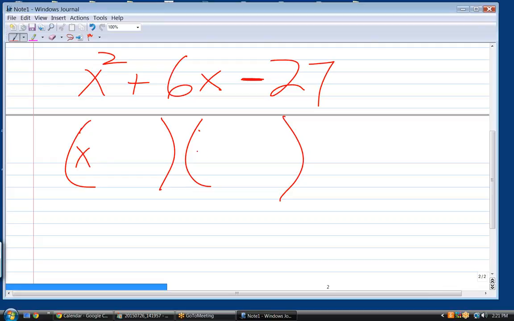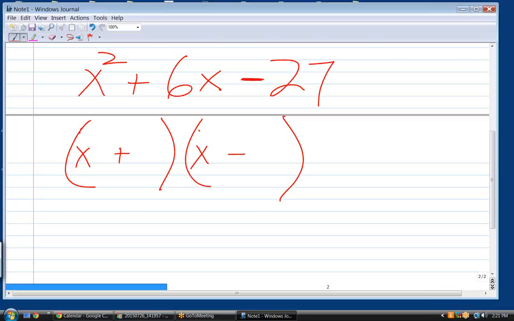Hold on. That's the first step. Now the second step is to determine both signs. What do the signs have to be? Signs have to be opposite one another. They don't have to be subtraction, they have to be opposite. One has to be a plus, the other has to be a minus.